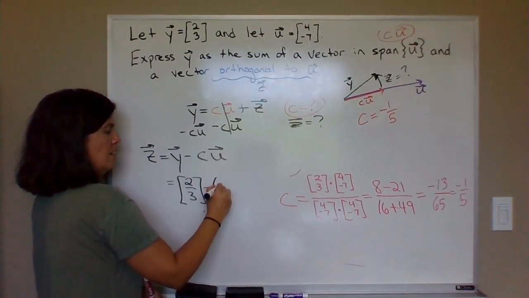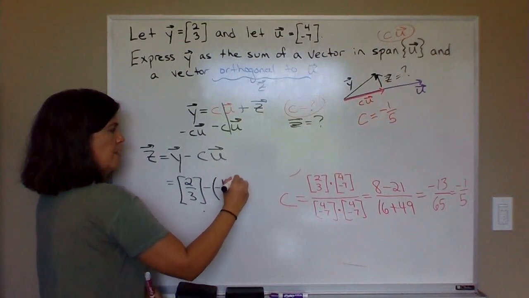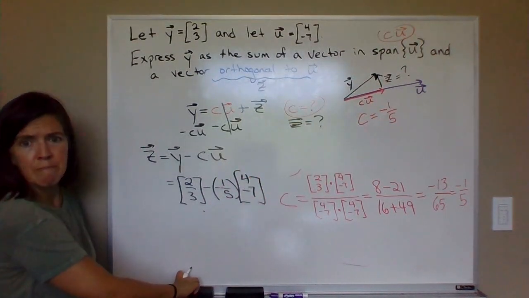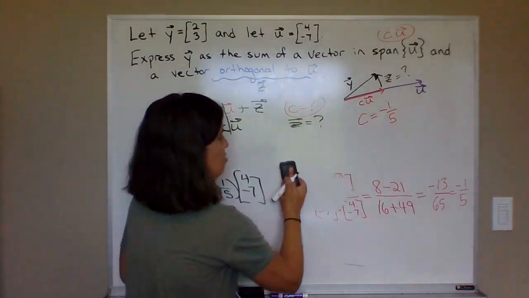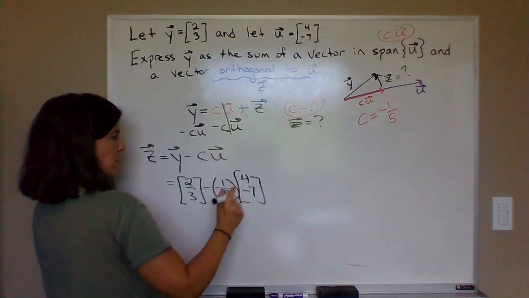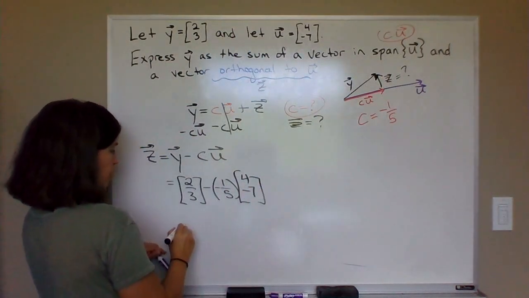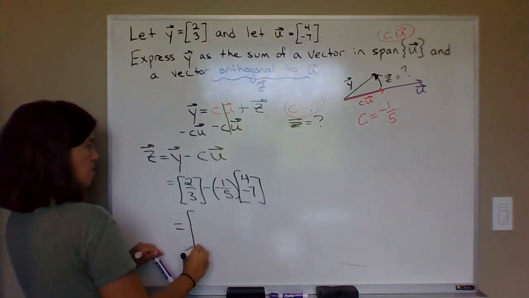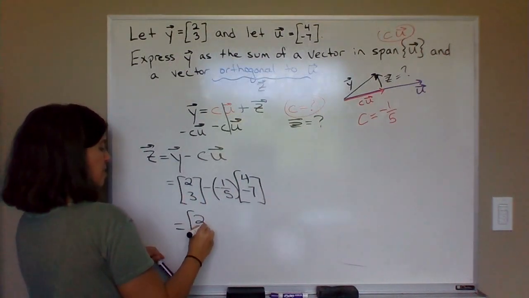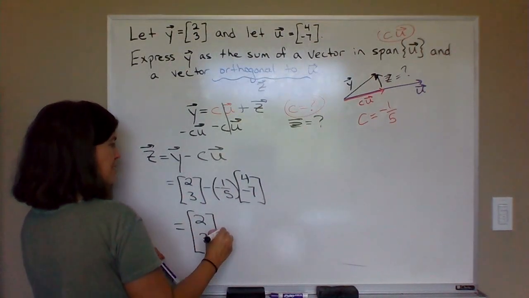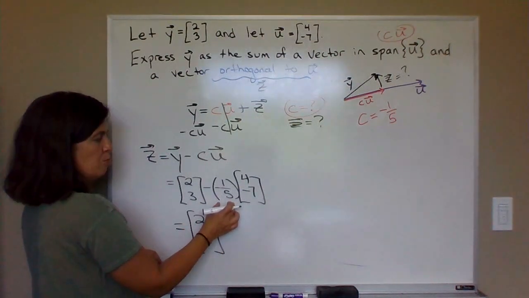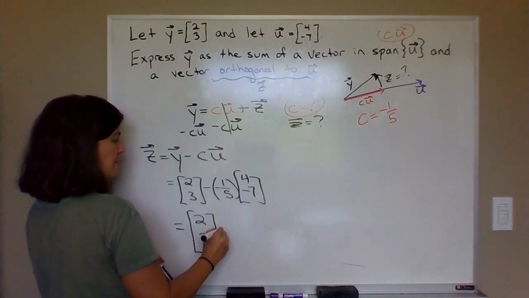C is negative 1/5. U is the vector 4, negative 7. So this works out to, let's see, I'll come down here. It's not a fraction. 2, 3. With the double negative here, this is plus 1/5 times 4, negative 7.